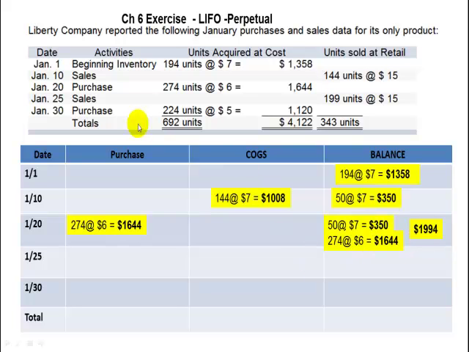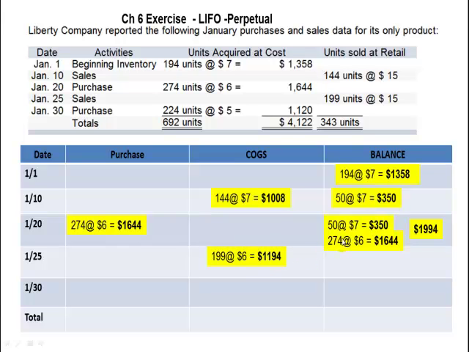Now on the 25th we sold 199 units, and this is where the difference comes in. If we sell 199 units, then the last thing in is the first thing out. So we're going to sell 199, and they're all going to come from this $6 batch right here, because the last thing in was the first thing out the door.